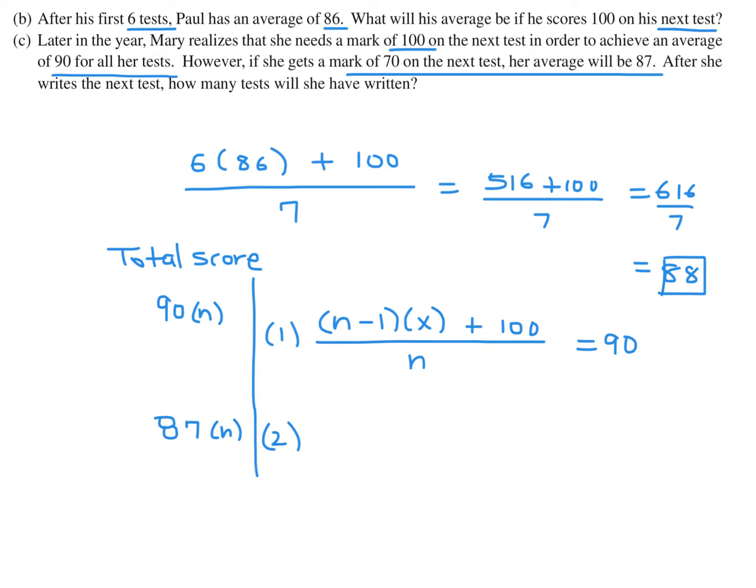Well, equation 2 is n minus 1 times a certain number that we don't know yet, whatever it is. And then you add to that 70 this time. And then, of course, you divide by n, and they're saying that average is 87. So these are the 2 equations we have to use to solve for n.